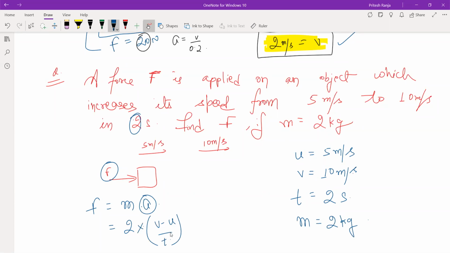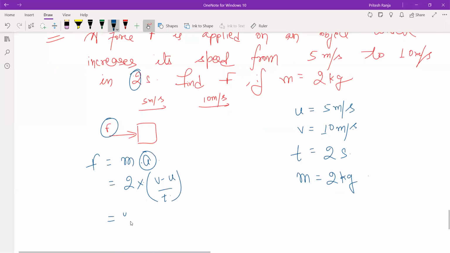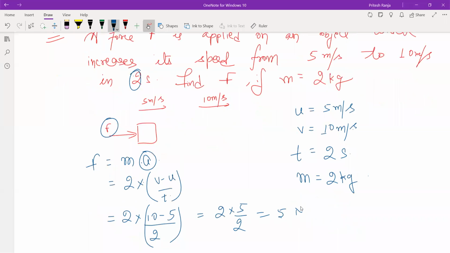And let us put the values. v क्या है? 10. u क्या है? 5. और t क्या है? 2. So force will be 2 times 5 by 2. So that will be 5 newtons.